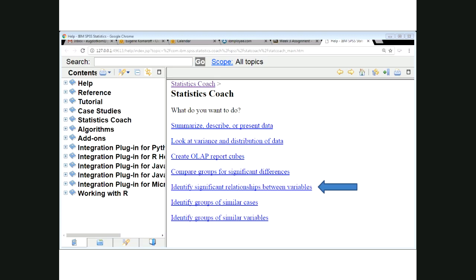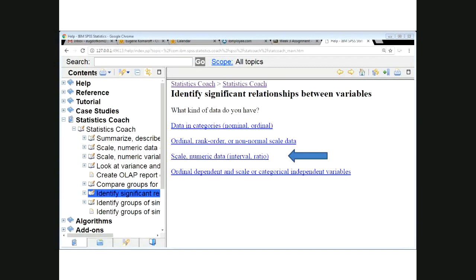One thing I do want to point out is that if you go into SPSS, there is a statistics coach, and that will allow you to play around a little bit with correlations. So for example, there is a statistics coach that looks at correlation, that is identifying the significant relationship between variables, and you would then choose scale numeric data, because with these correlations we are looking at continuous variables.